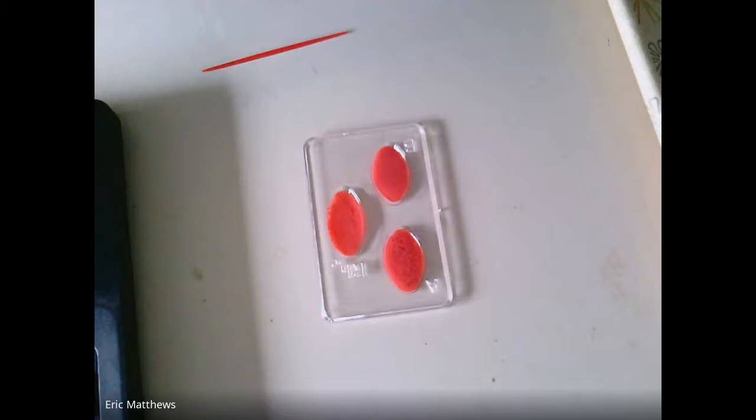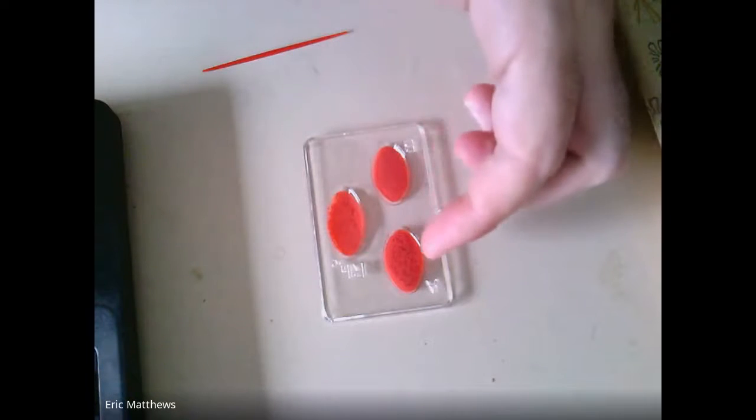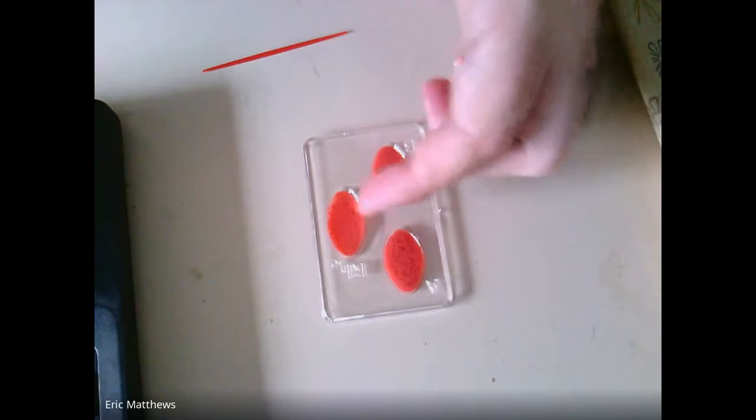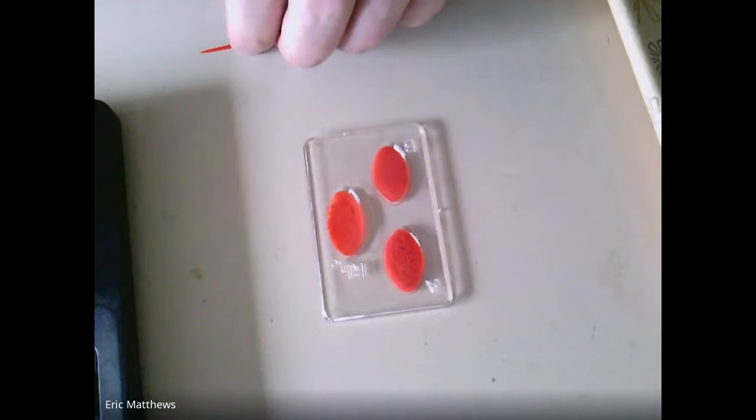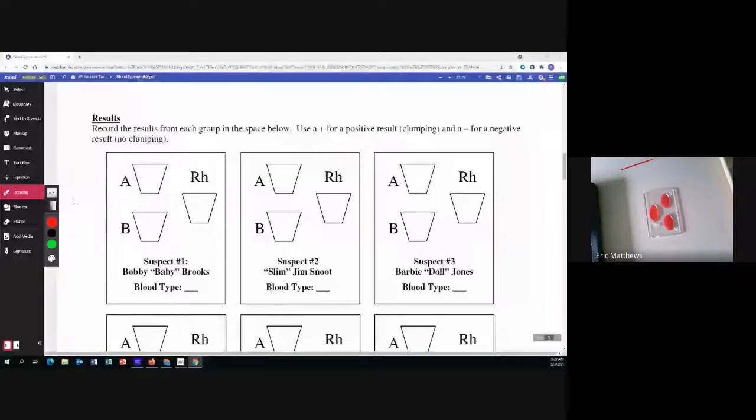All right. And we are getting some clumping in there, just like there. So we know that he responded to A, so he's got A, and he has RH. So those were 2 positives. So if we go back to the lab, we would say, yup, and nope.